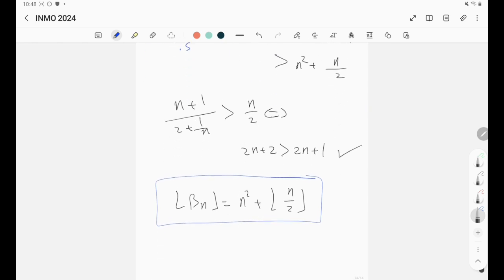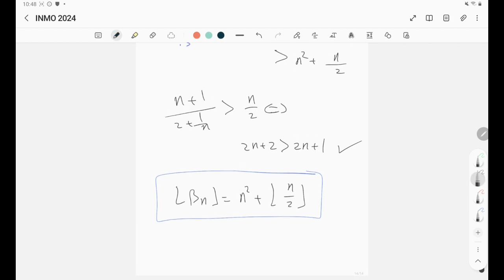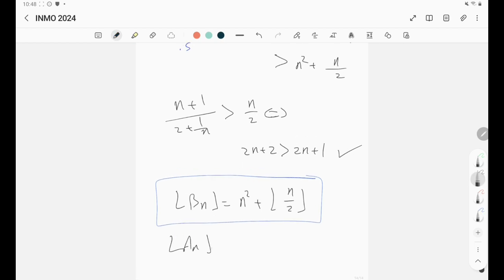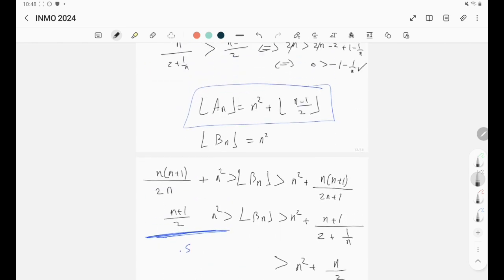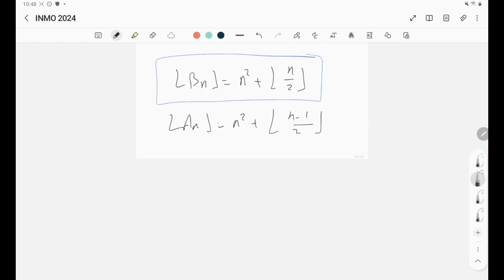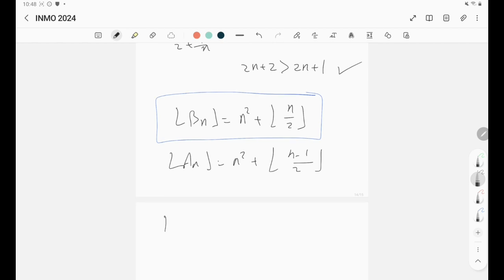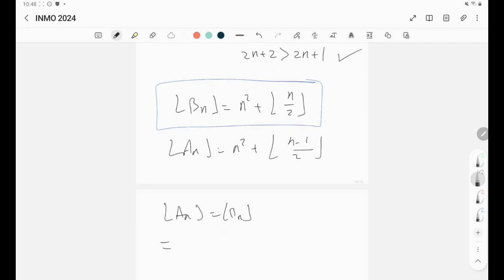So indeed we found the floor of bn and we found the floor of an. Remember, the floor of an was just n squared plus n minus 1 divided by 2. Yeah, that was it. So now when are these guys equal? If these guys are equal, then this thing is equivalent to saying the floor of n over 2 is equal to the floor of n minus 1 over 2.